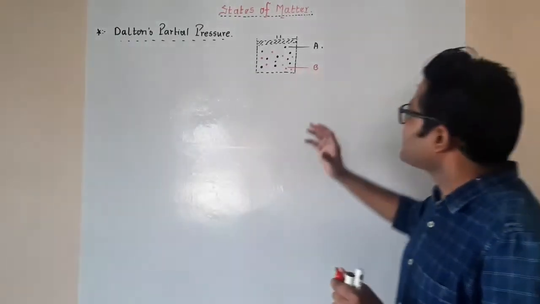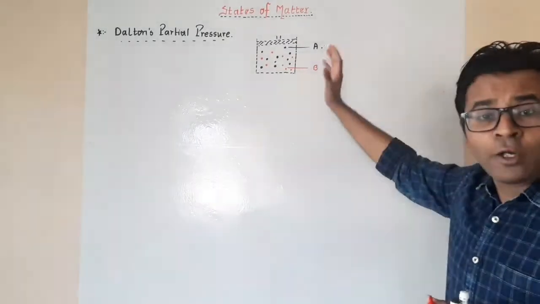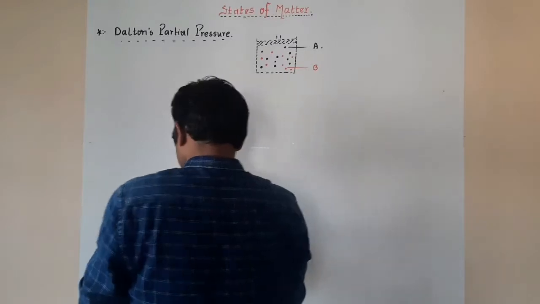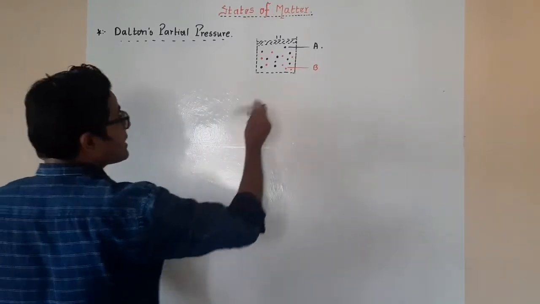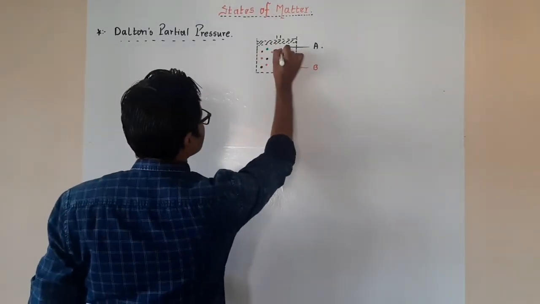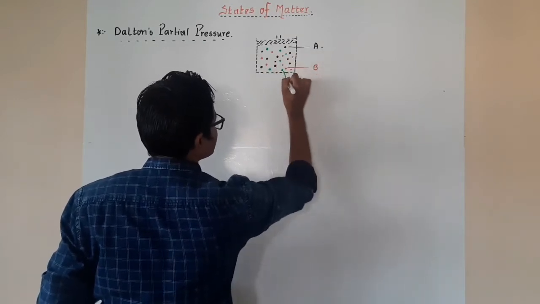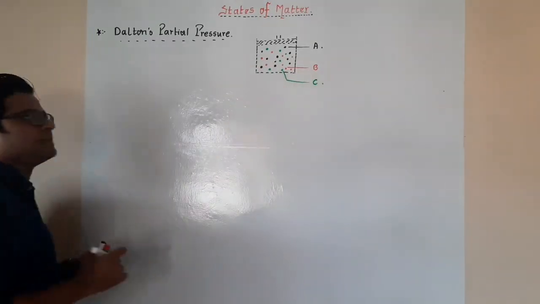So, in short, we are taking a mixture of non-reactive gases together. Okay, let's say that we have a third type of gas in the same container, and let's say this is the gas C.